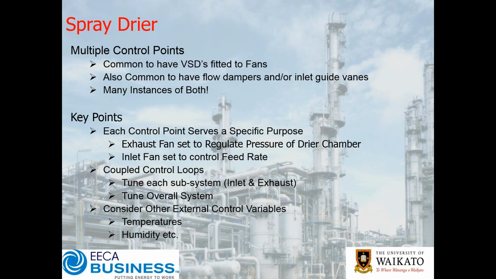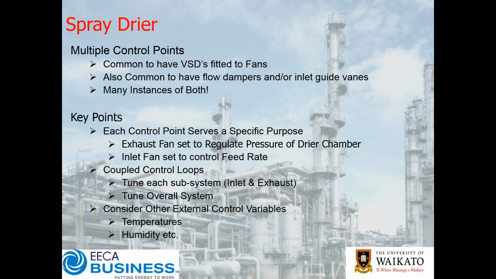As you change the energy going in, if you're controlling to an outlet temperature with what you're feeding into your reaction vessel, then that's going to change your feed there. Then of course all of that's going to change your pressure, and so therefore your exhaust fan's going to change. And so all these variables are all going to interact. They are all going to be coupled. It's not always linear. So it's very, very important before you start to play with a system like this or think that you're going to tune it, that you understand the control loop.